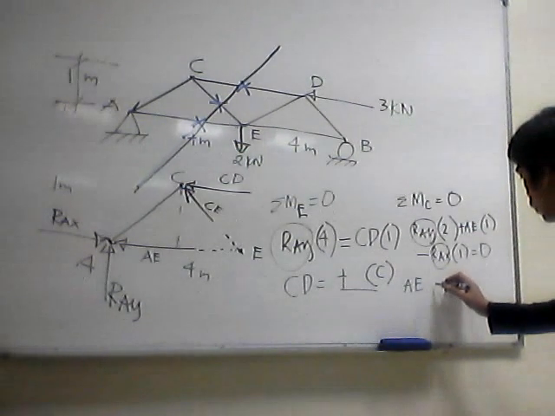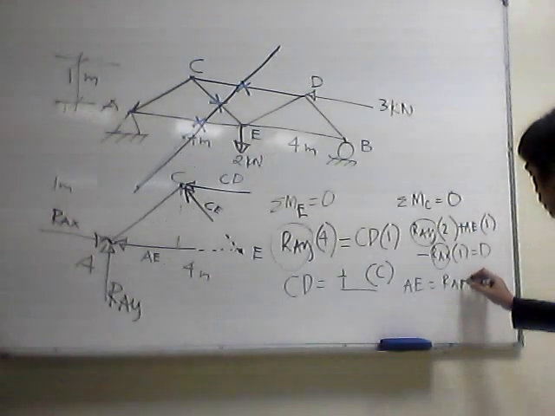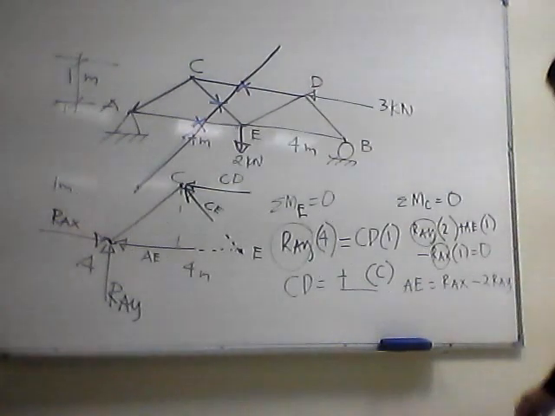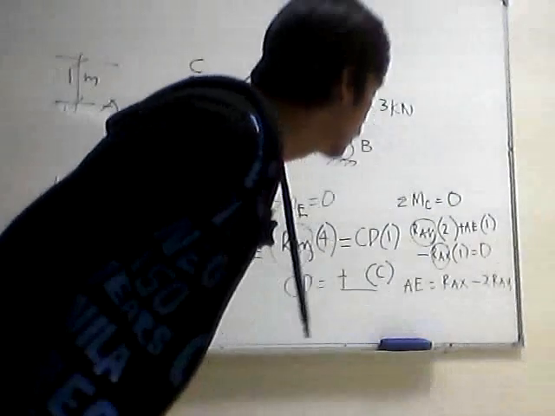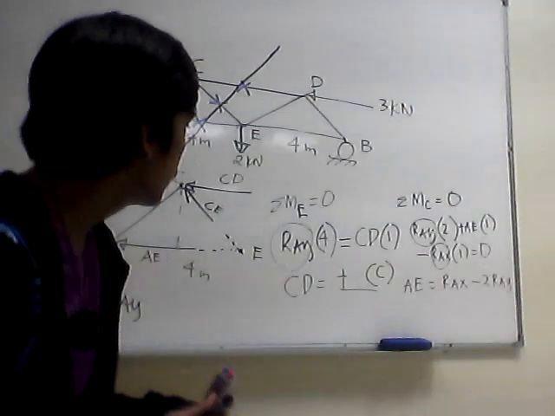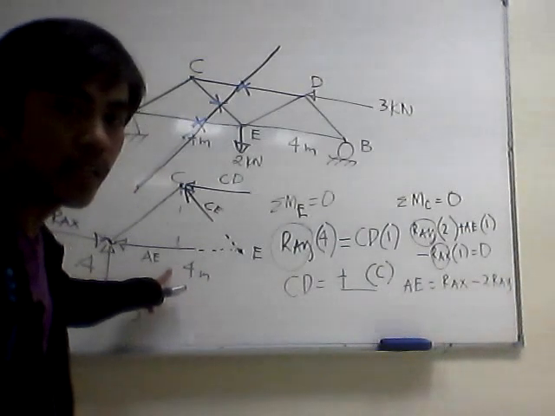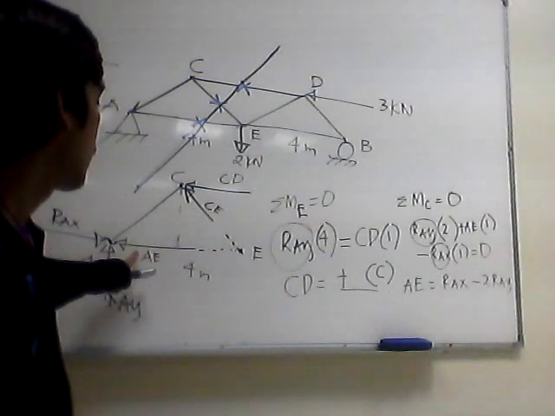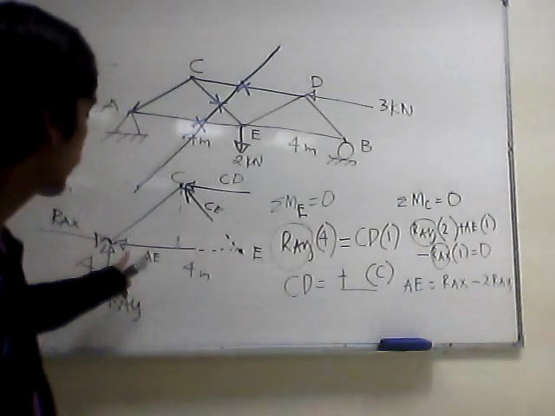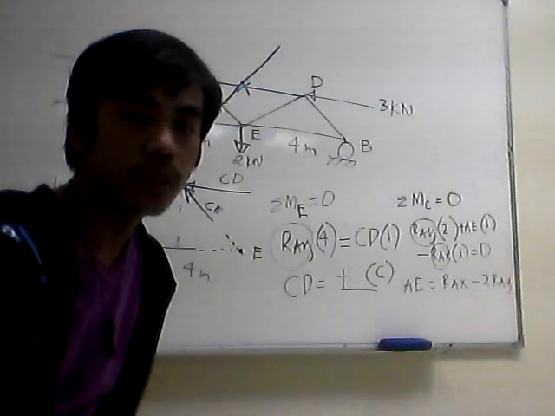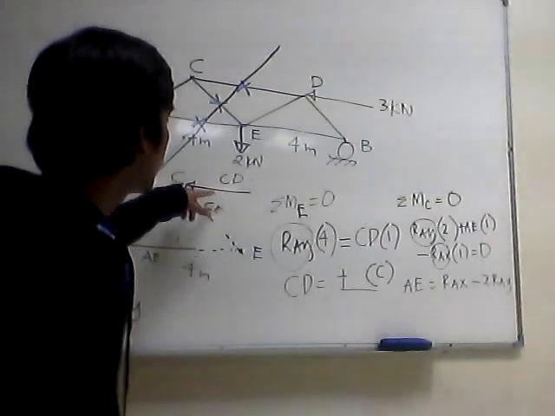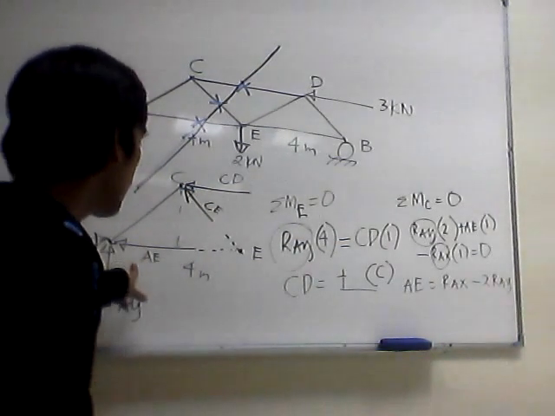AE is equal to RAX minus 2RAY. If AE is positive, that means the assumed direction of AE, compression, is correct. If it's negative, therefore it is tension. So we are done with the member force CD and member force AE.